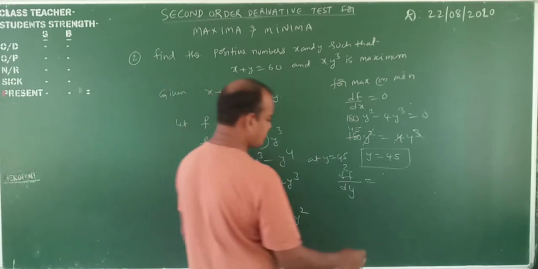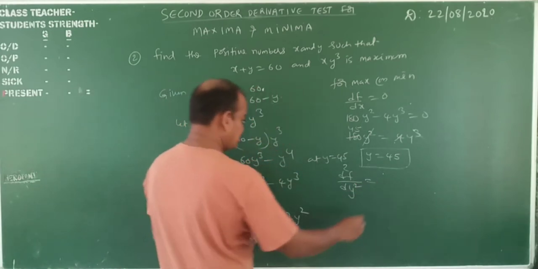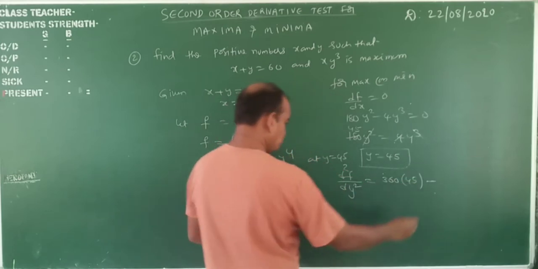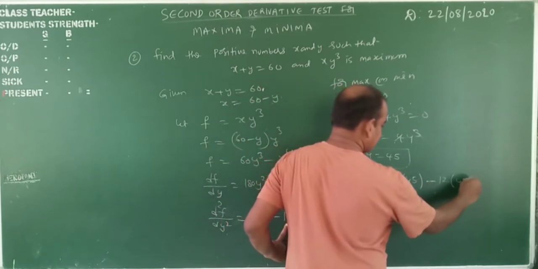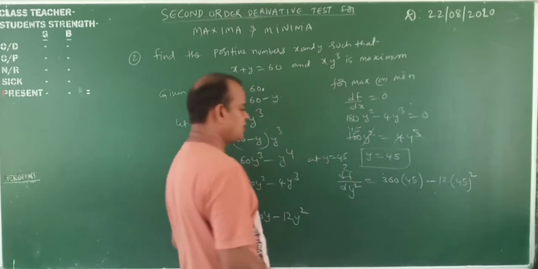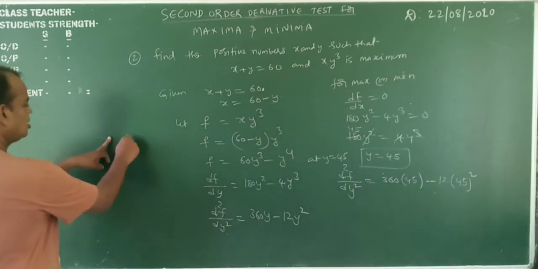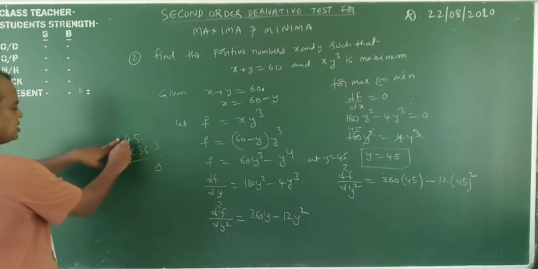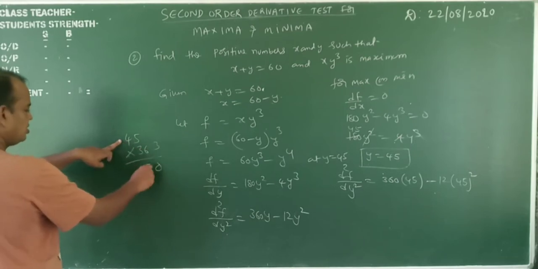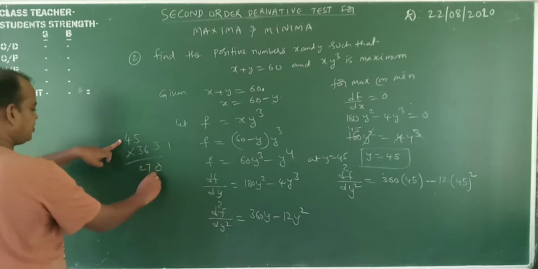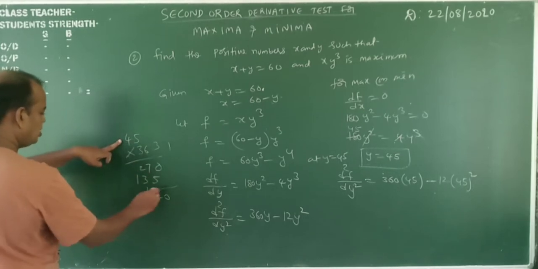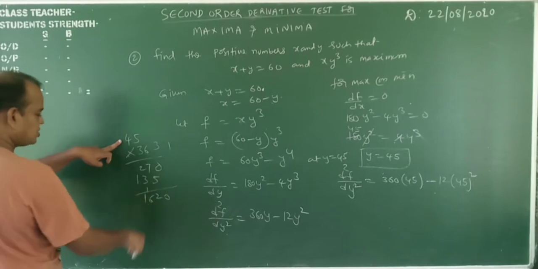D square f by dy square is 360 into 45 minus 12 into 45 square. 45 into 36, my dear students.